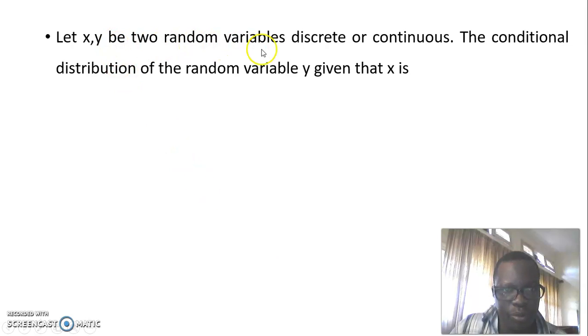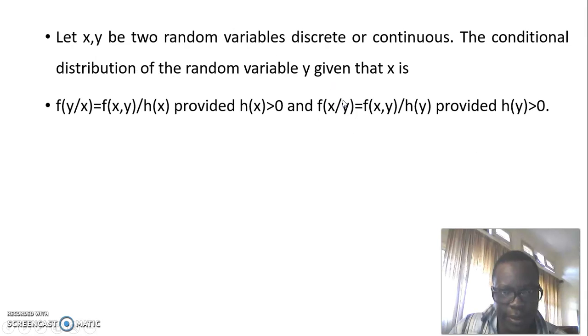Let x, y be two random variables, discrete or continuous. The conditional distribution of the random variable y, given that x is given by the joint distribution of f of x, y over the marginal distribution of x, provided that this distribution is above 0.